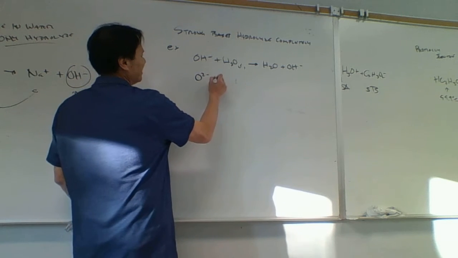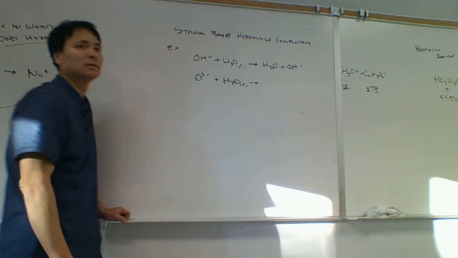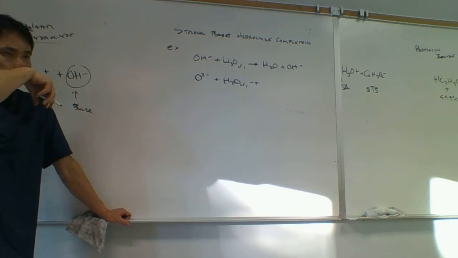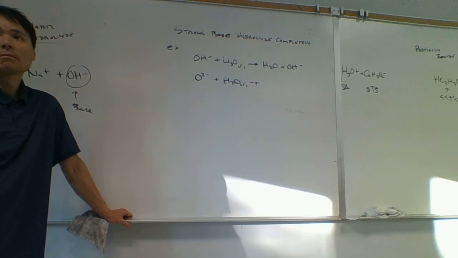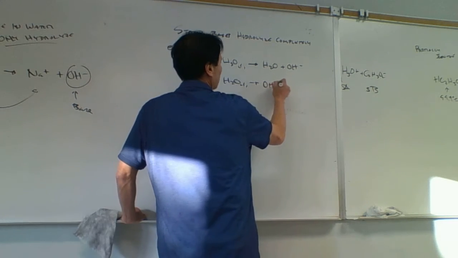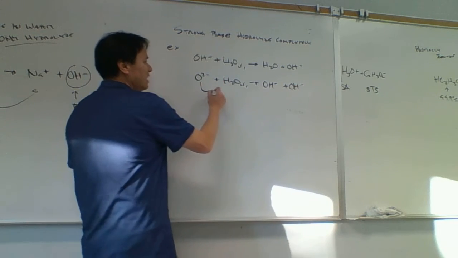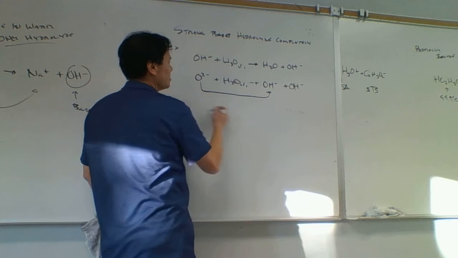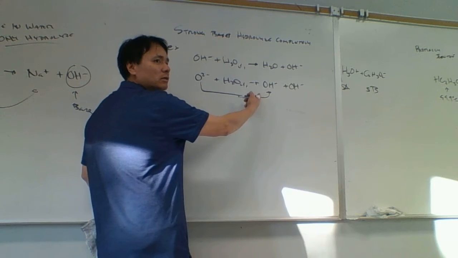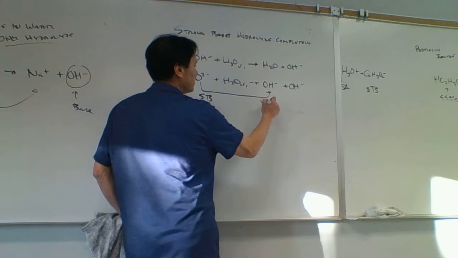Oxide hydrolyzes completely. What does it form? Hydroxide and hydroxide. So oxide is going to hydroxide. So we're going from stronger base to weaker base. Stronger base to weaker base.